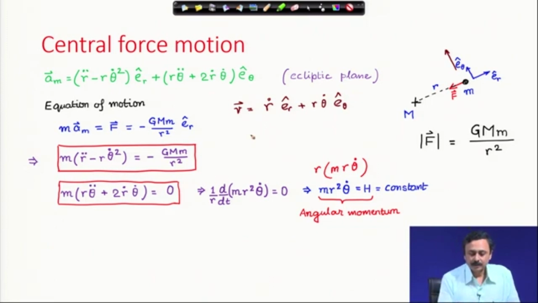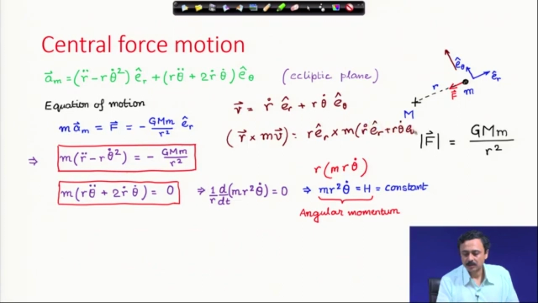and if you calculate r cross m v, this is nothing but r e r cap cross m times the velocity vector, which is r dot e r cap plus r theta dot e theta cap. e r cap cross e r cap is 0, e r cap cross e theta cap is e z cap, if you remember.